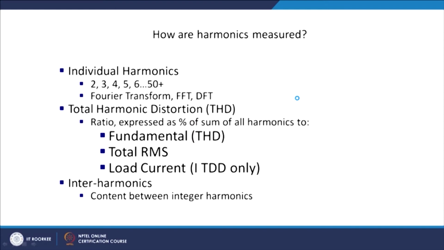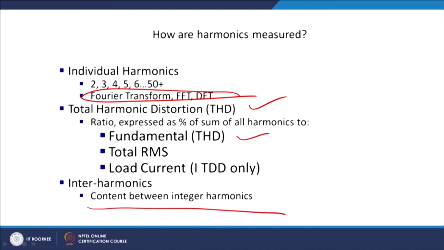So, for this reason we need to define the individual harmonics, and we know that we can find them by the Fourier transformation. To measure the harmonic content we have a few methods, mainly the THD, that is total harmonic distortion, the fundamental THD, the total RMS, the load current RMS, and there can be interharmonics, which are another nasty element.